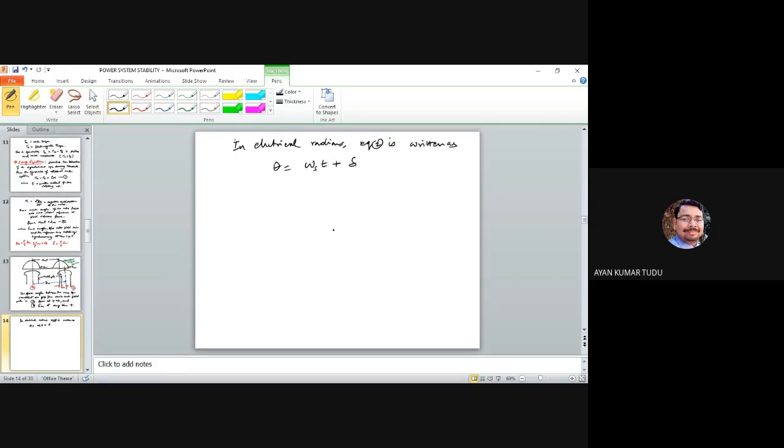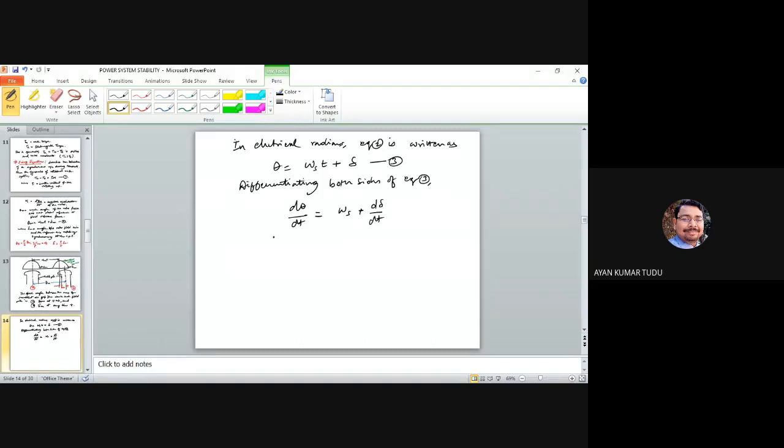Now let us differentiate this. Differentiating both sides of equation 3, we have d theta by dt equal to omega s plus d delta by dt.